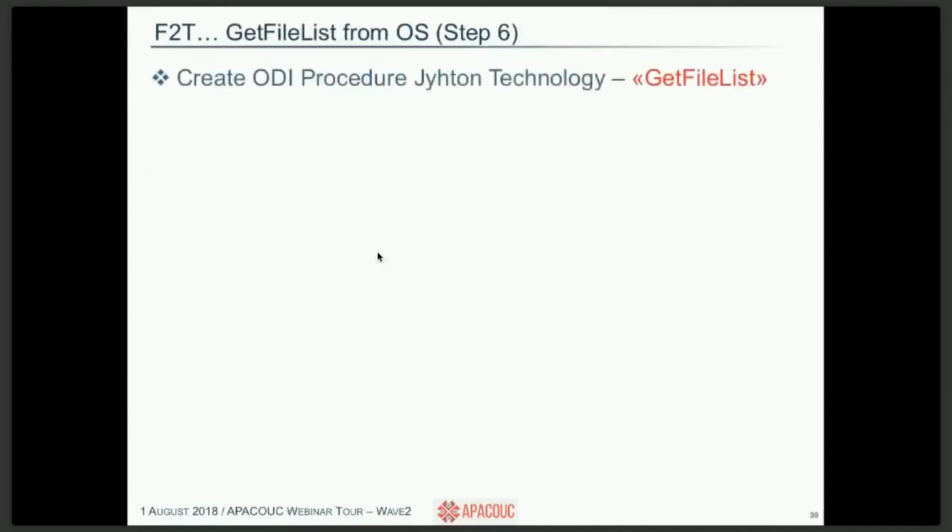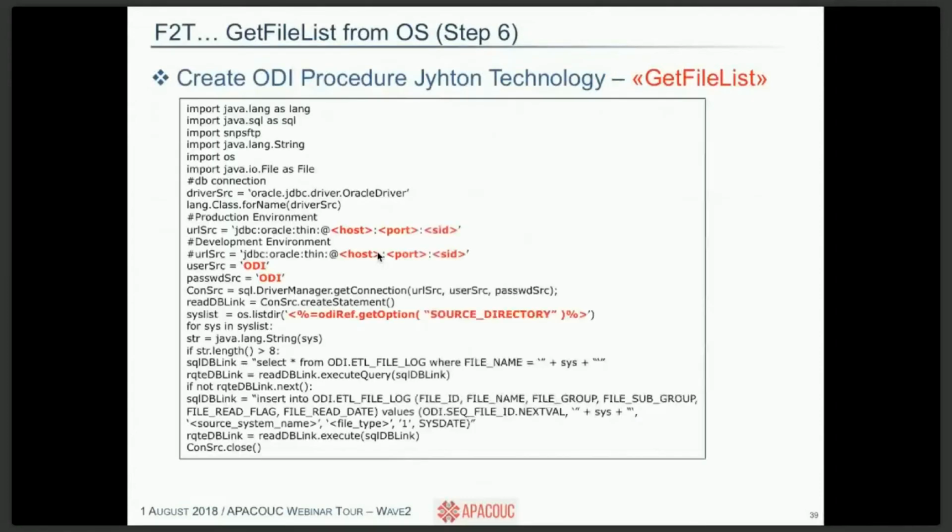So this is the important step. There are a bunch of files there, and you need to get the file names into the ETL file log table. So you import some Java libraries. You make a thin connection to your database.